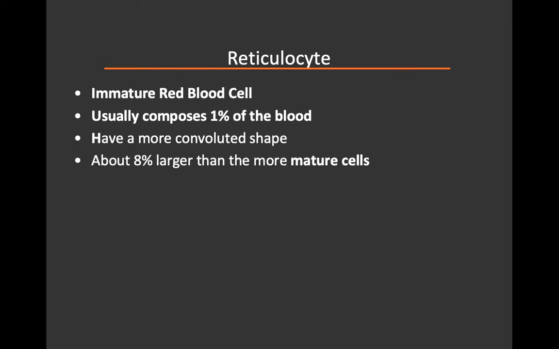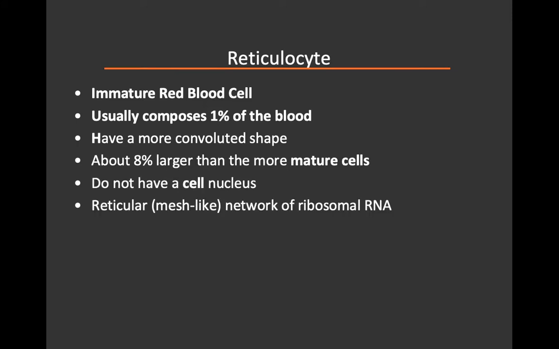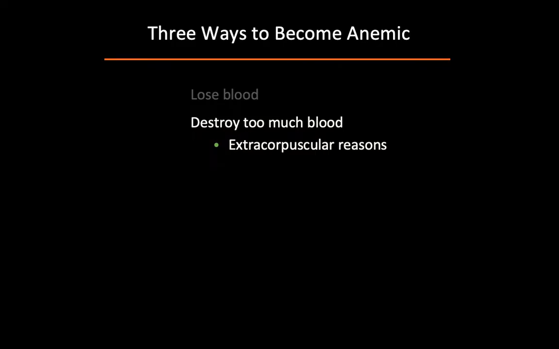They're about 8% larger than the mature red blood cells, but they still don't have a nucleus. Instead, that blue stuff that we saw is a reticular mesh-like network of ribosomal RNA. Because remember, these cells are still trying to produce hemoglobin, so we need a lot of those ribosomes. So you're going to see more reticulocytes in somebody's blood who has had blood loss.